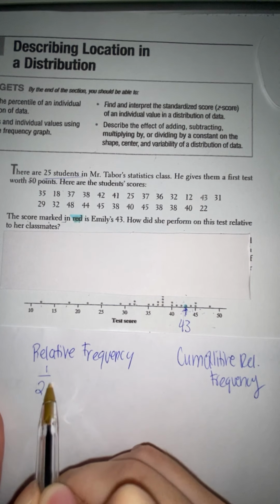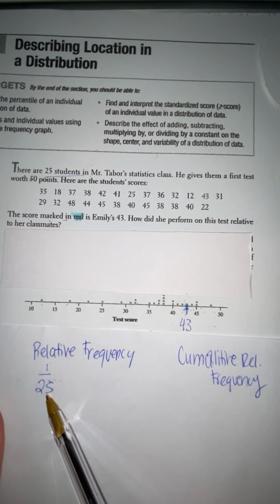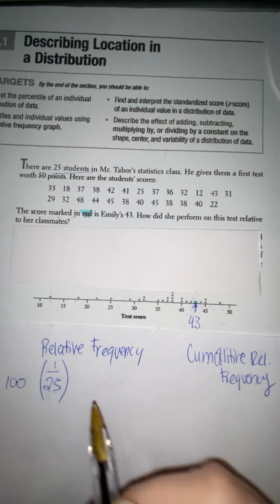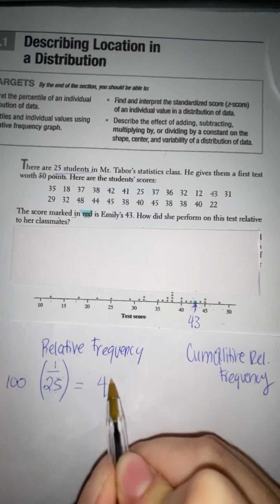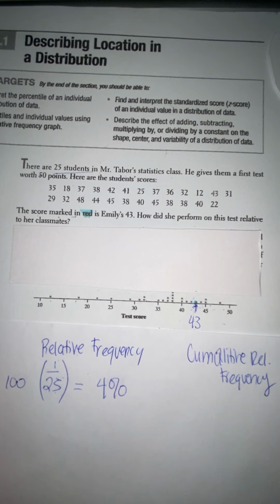So 1 out of 25 students. Where do we get 25? That's the total number of students, the total number of data points. 1 out of 25 scored 43. So if we want to get the percentage, we multiply that by 100, and that ends up being 4%. We're going to interpret this value in a little while.